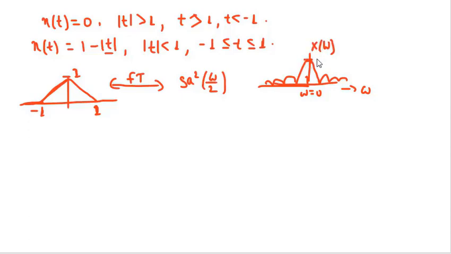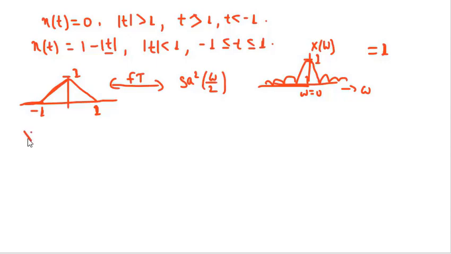So the maximum magnitude of X of omega is 1, so the answer for this question will be 1. This is one way to solve this question when you remember the Fourier transform of a triangular pulse. Another way to solve this question is by the regular method.